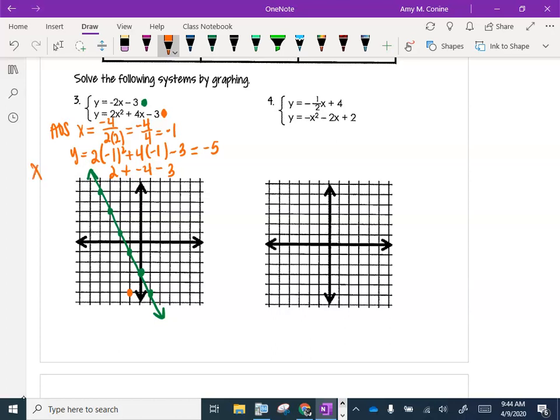Okay, and then we're going to make a quick table of values to graph a parabola. So if I know my vertex and my axis of symmetry are going through this -1, I can choose points on either side of it. So I'm going to choose -3, -2, I've got -1, 0, and 2. So I know what -1 is.